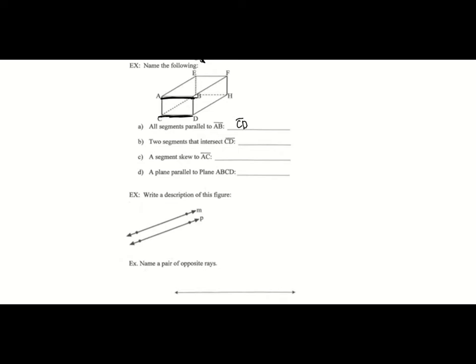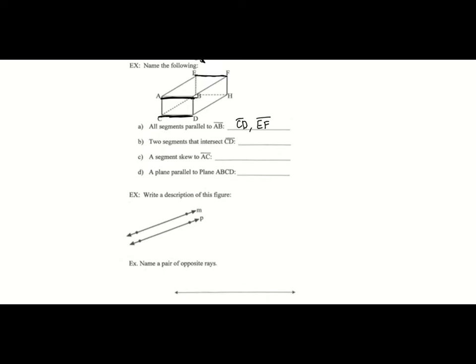Now I could go across the other direction. If we have AB and EF, those are also parallel. EF is another segment. And then my last one is this line down here. It's kind of hard to tell.